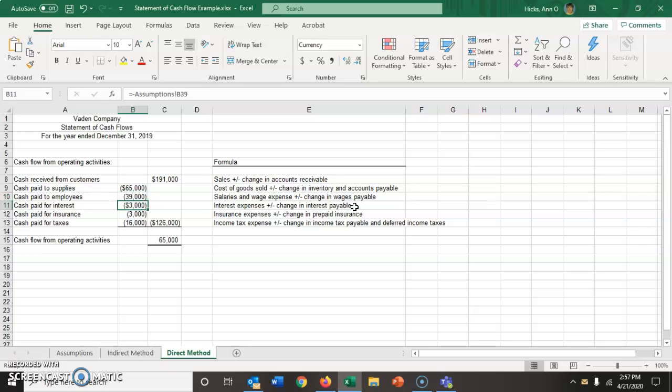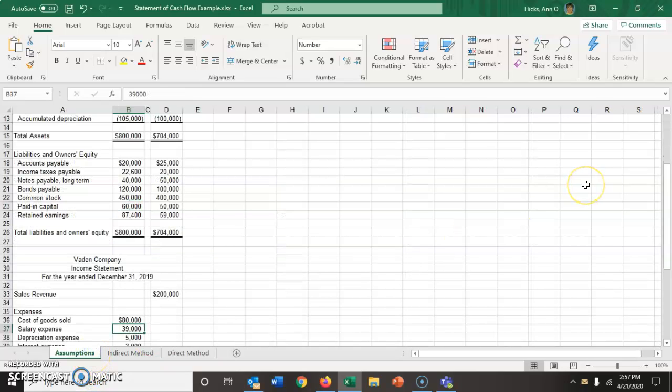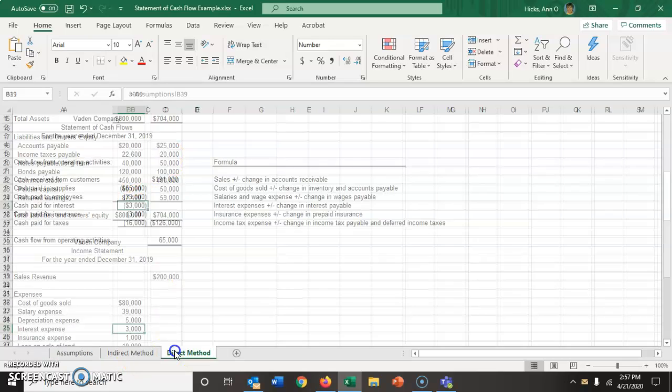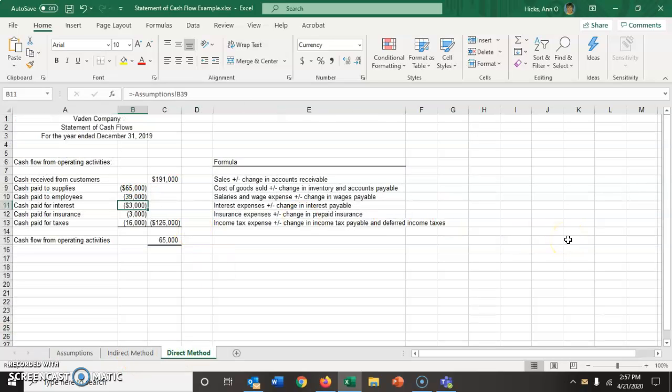Cash paid for interest is going to be a function of interest expense on the income statement plus changes in interest payable. We can see there is $3,000 in interest expense, no interest payable, which tells us that the expense and the cash payment are the same.